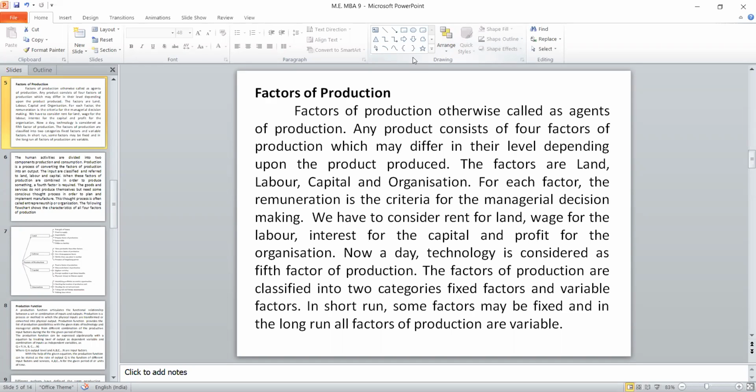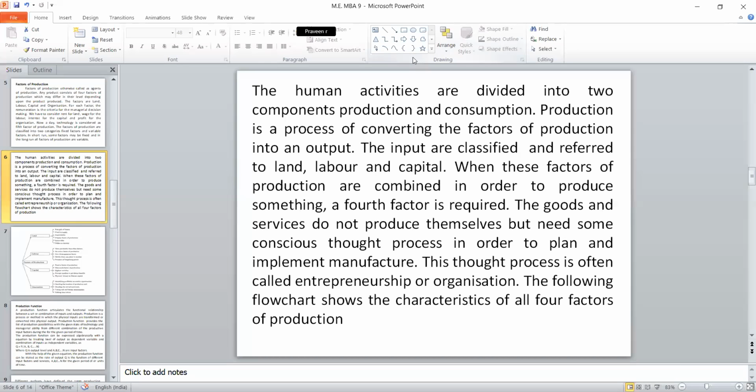So how do we make this convenient? Understand a particular thing. Any transaction has two major factors. One is called production, another one is called consumption. So our human activities are divided into two: production and consumption. Production is a process of converting land, labor, capital, and organization into the required output.